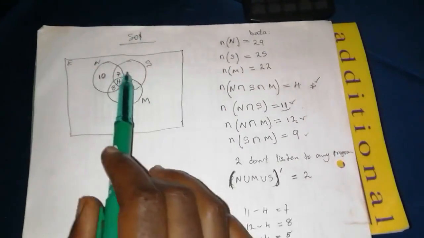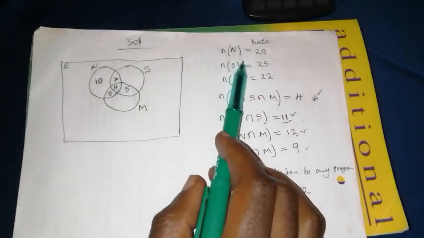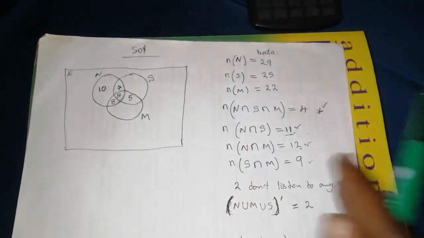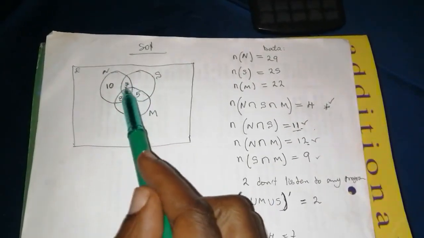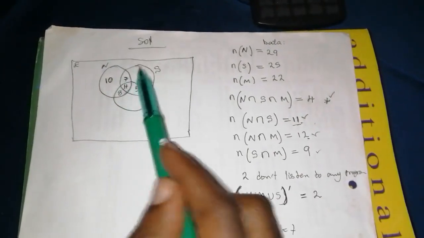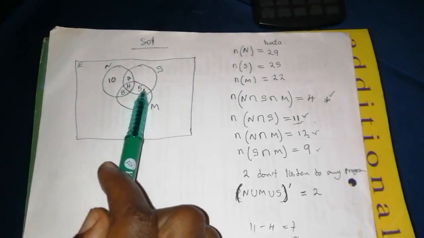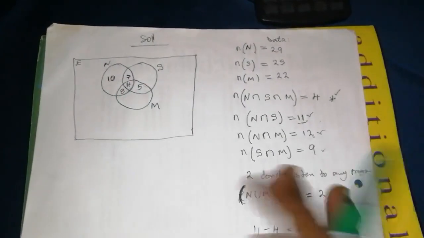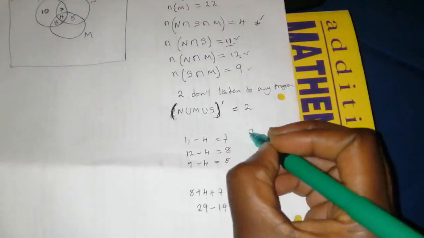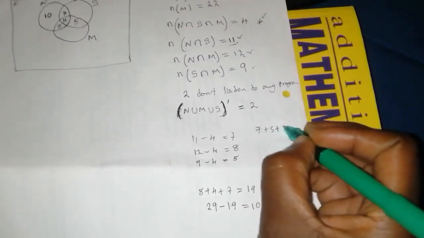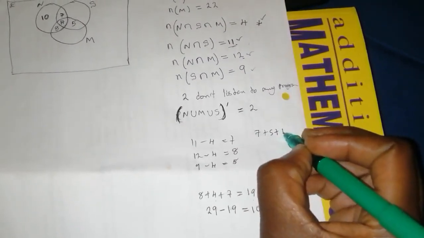Next we go to sports. We are told that those who listen to sports are 25. When we look at what we have done so far, we already have some villagers there. So again, we add 7 plus 5 plus 4.